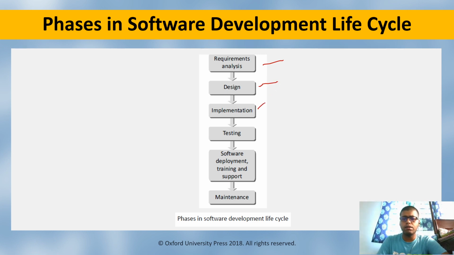Now go to the implementation of that particular design. After that we go for testing, an important part of any software development. After successful testing, we go for deployment, training, and support systems, and one has to maintain the software also. The developer itself goes for the maintenance of that particular software.